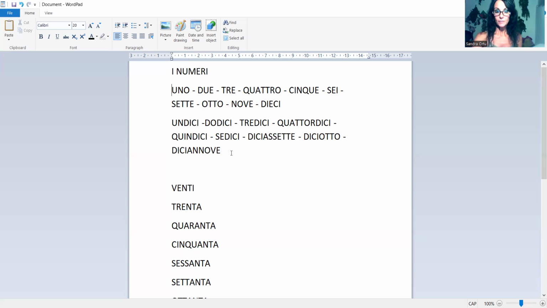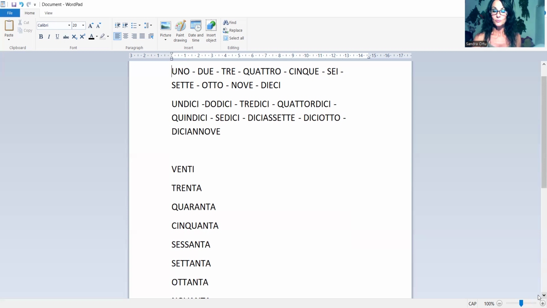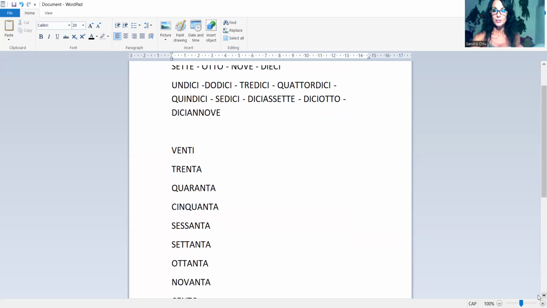So this, as I said, from 1 to 19 is to be studied by heart. Once you've learned those, then you can just learn 20, 30, 40, 50, etc. And then you just add the numbers from 1 to 9, like you do in other languages, like in English.